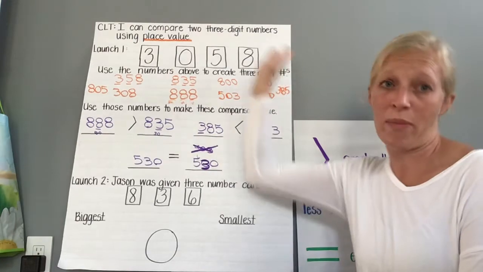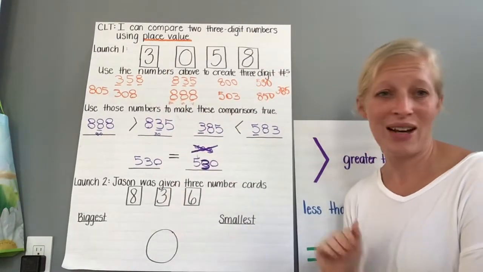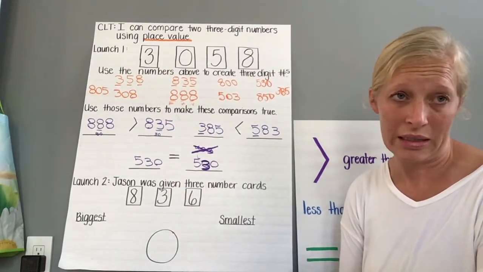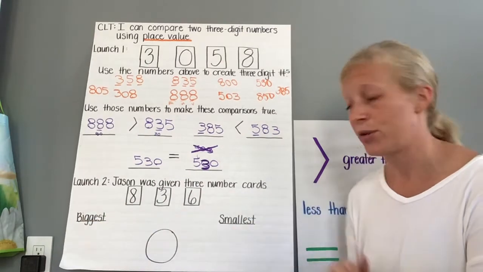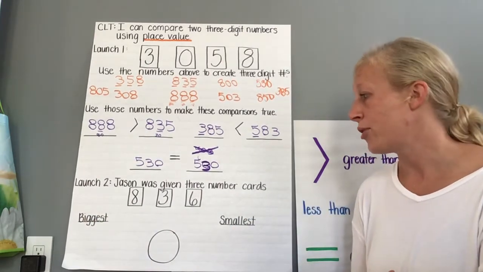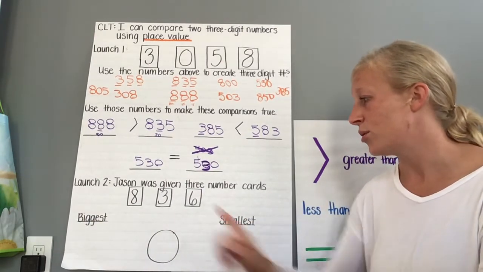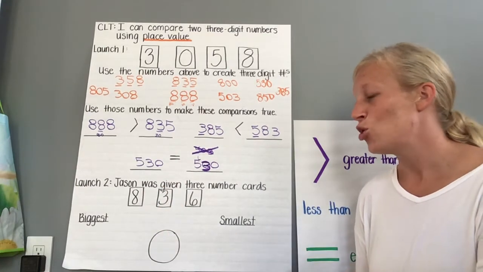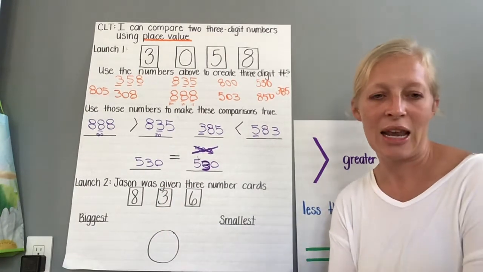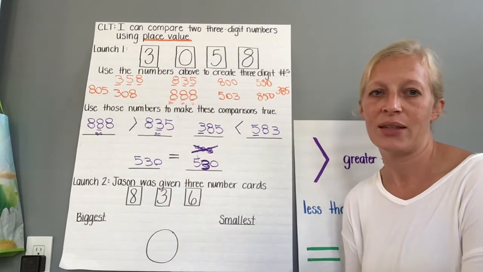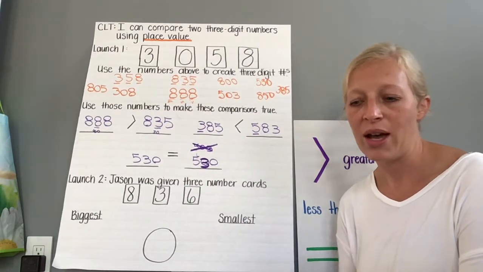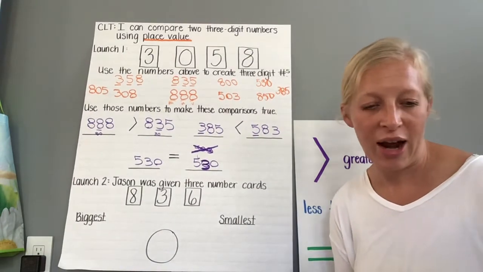We had a little warm up here. We get to use these 3 numbers, and we can only use them once for each of these numbers, okay? So I want you to think about, how can we use these 3 numbers to make the biggest number? The biggest number. Go ahead and show me what you're going to be writing.